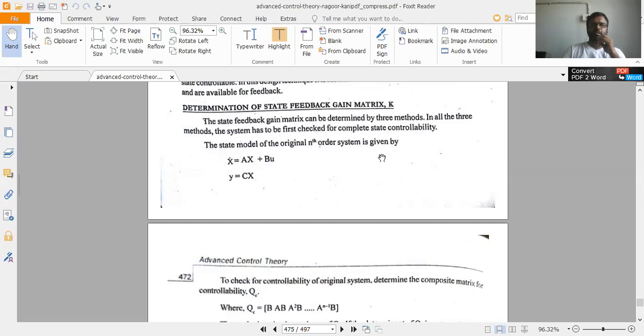That means we need to check the controllability.